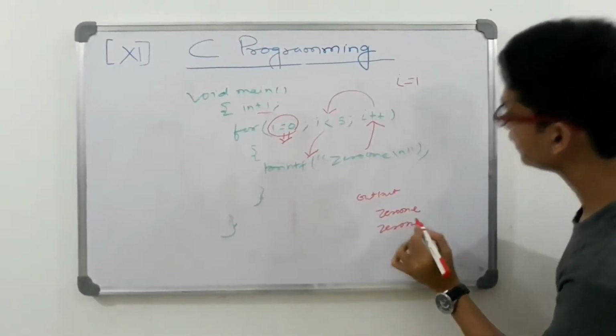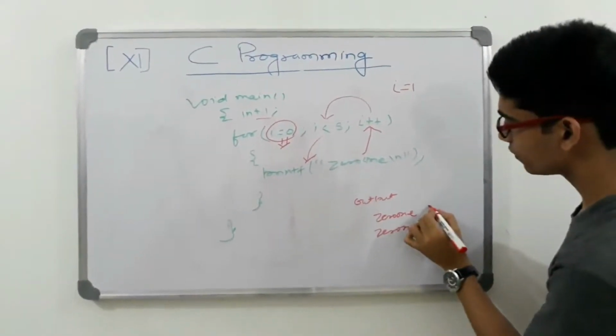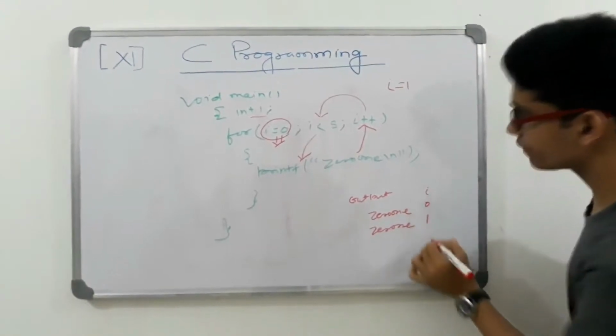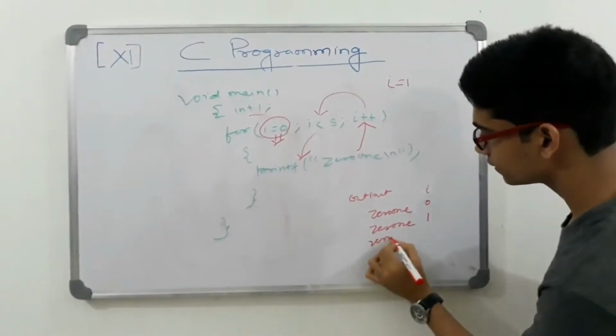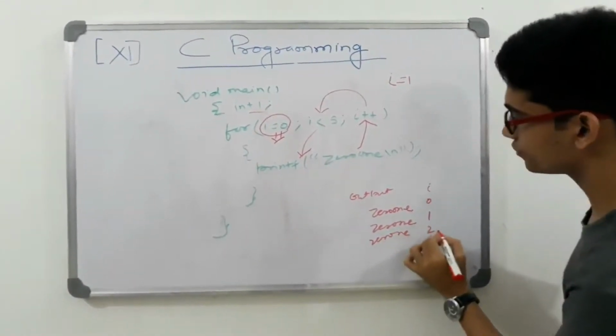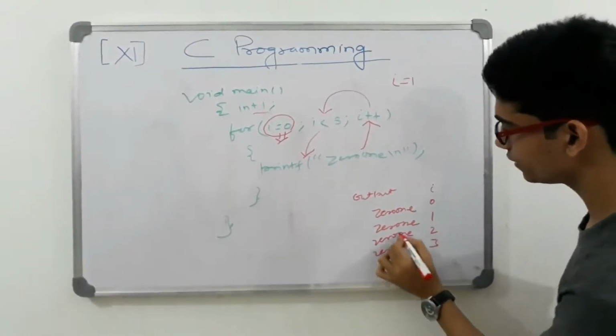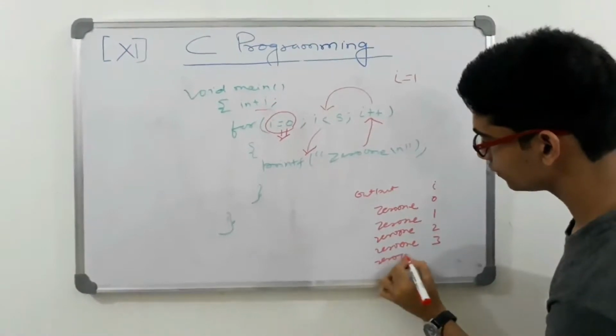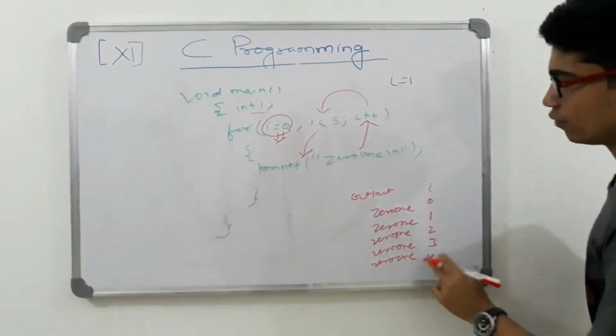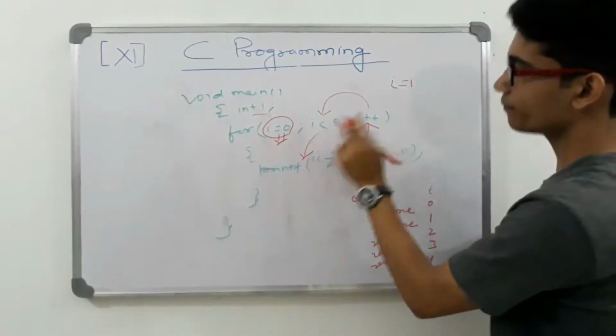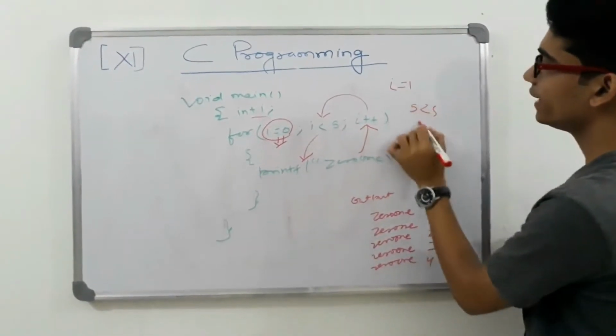01 will be printed first for i equal to 0, for i equal to 1, for i equal to 2, for i equal to 3, and for i equal to 4. When the value of i becomes 5, what will happen? 5 less than 5 is false.